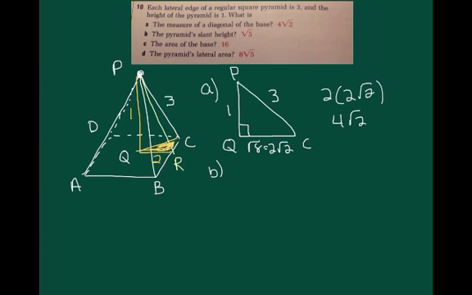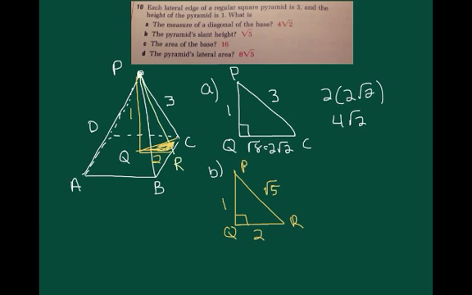Since I already know QP, I'm going to use triangle PQR, where PQ is 1, QR is the new side I just found, 2, and since that makes a right angle there, I have another right triangle where I'm trying to find PR. PR, by the Pythagorean theorem, will be square root of 5, just as it is in the answer.